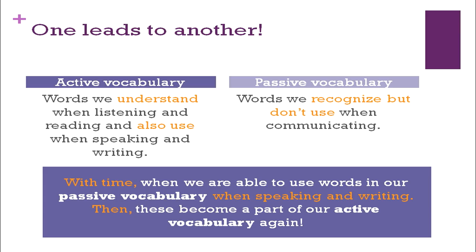With time, when we are able to use words from our passive vocabulary when speaking and writing, then these become a part of our active vocabulary again. Therefore, I think we should make a conscious effort to make words from our passive vocabulary a part of our active vocabulary to develop the range of our words.